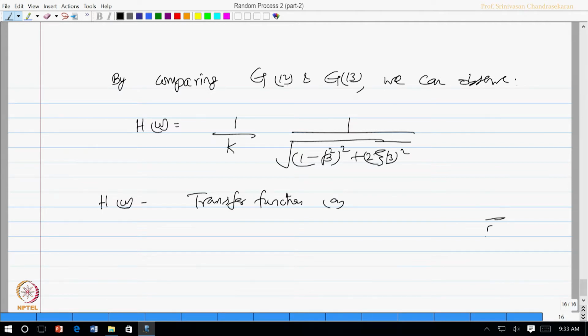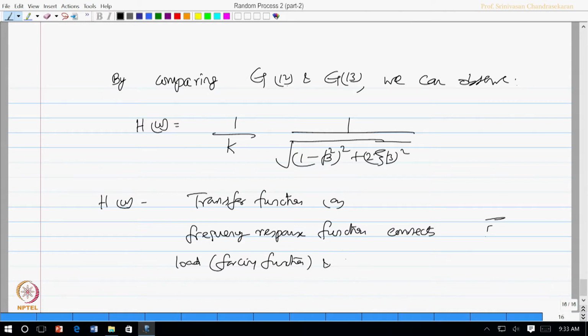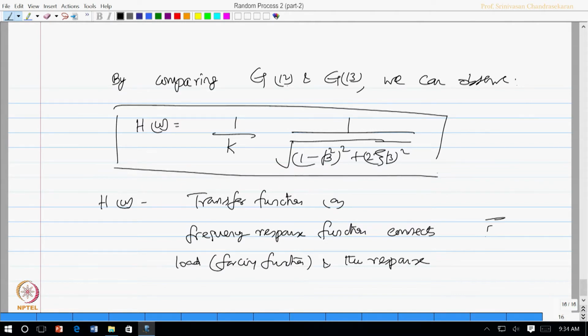or also called the frequency response function, which connects the load or the forcing function and the response. So, that is a very interesting equation which we derived. Let us pay more attention to explaining this equation.